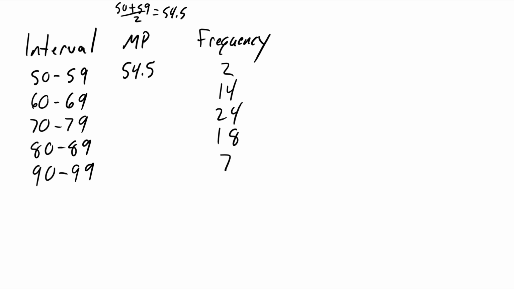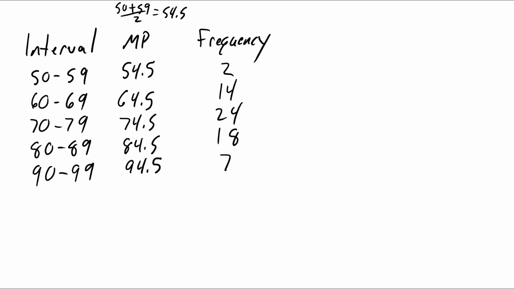60 to 69, add those two together, divide by 2, that's going to give us 64.5. 70 plus 79, divide that by 2, we're going to get 74.5, and so forth and so on. 84.5 for the next interval and 94.5 for the last interval. All right, so those are our midpoints. So what we're assuming now is that every test score is one of those 5 test scores.